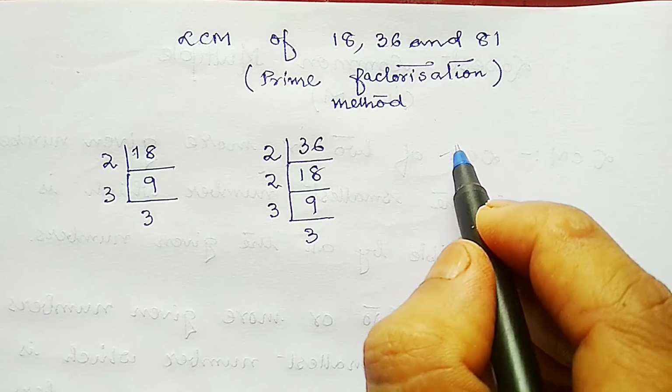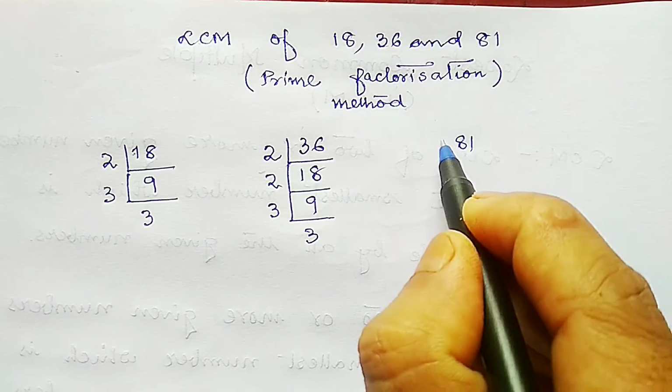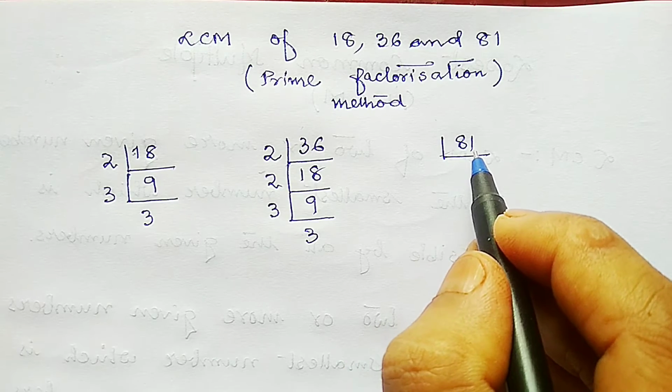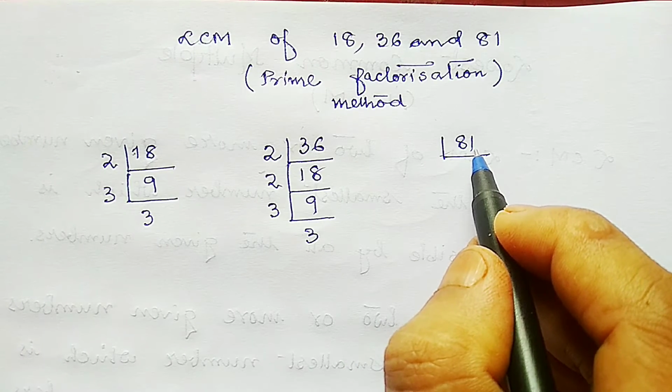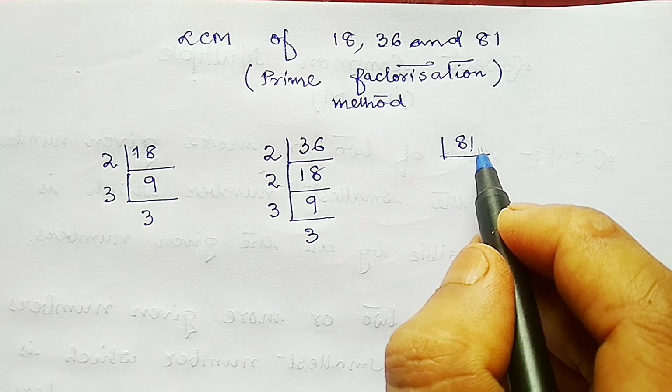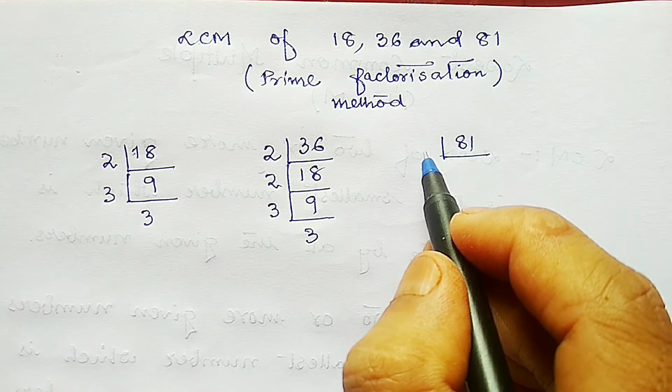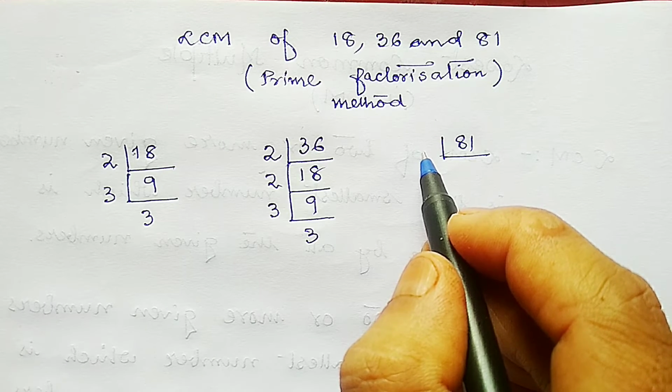In the case of 81, now 81 cannot be divided by 2 because if the units place is 0, 2, 4, 6 or 8, then only those numbers can be divided by 2. So we are going to try with the next prime number, that is 3.